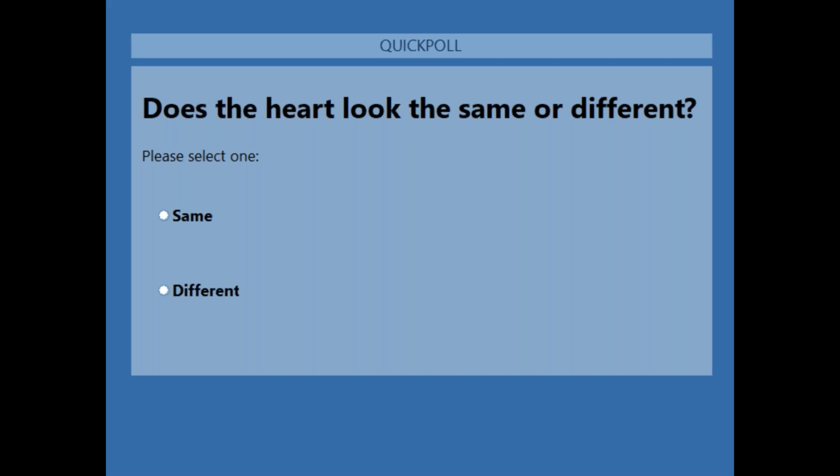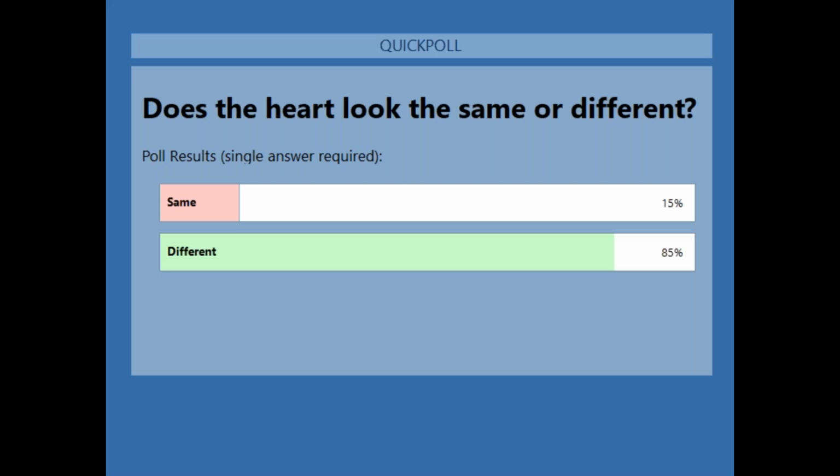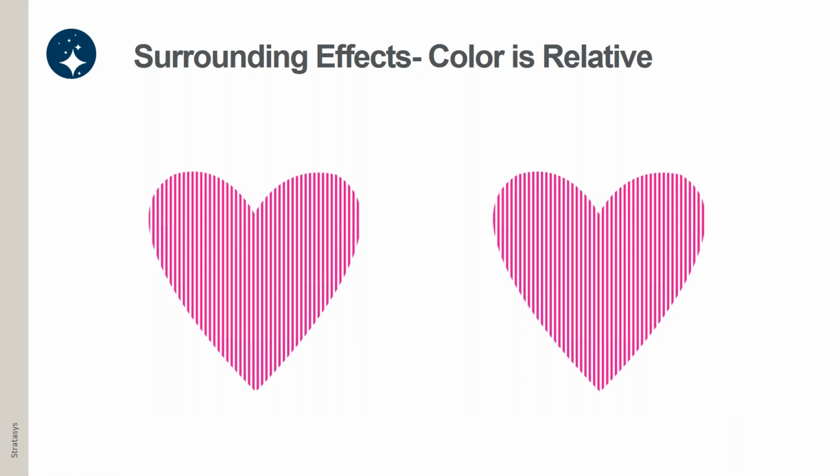But most of you see a difference. I see a difference as well. But let's take off the background, and you will see that the color is the same. But that's really fascinating, because it looked clearly different on the picture before.